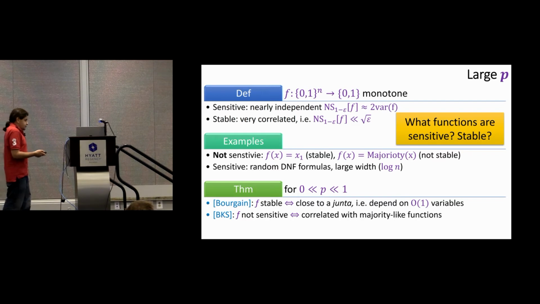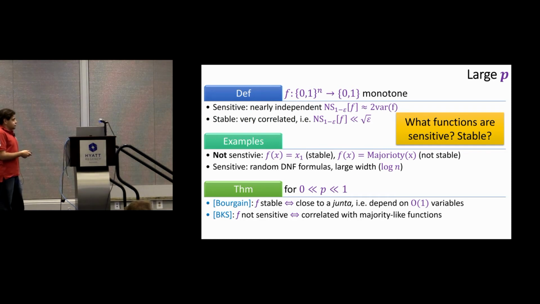So of course it's stable. This is a very nice result, and it has a lot of applications all over the place. And the Benjamini–Kalai–Schramm result showed again an if and only if type statement: the only functions that are not sensitive are majorities and things that are correlated with majorities. When I say majorities, I really mean weighted threshold functions, but I stick with the word majorities.